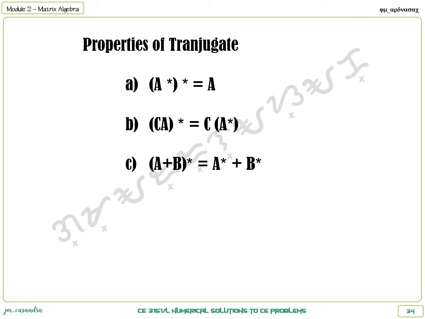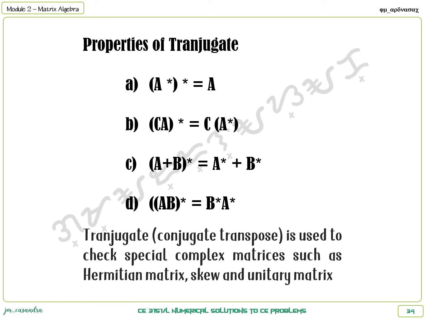Then we have the additive rule: the tranjugate of the sum of two matrices is equal to the sum of the individual tranjugates of the matrices. We also have that the tranjugate of the product of matrices is equal to the product of the tranjugates of the matrices in reverse order.